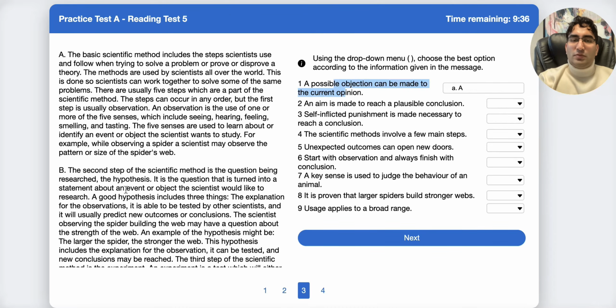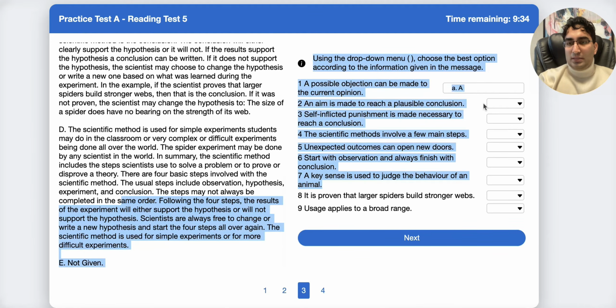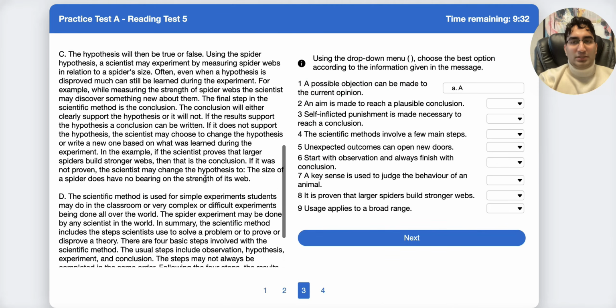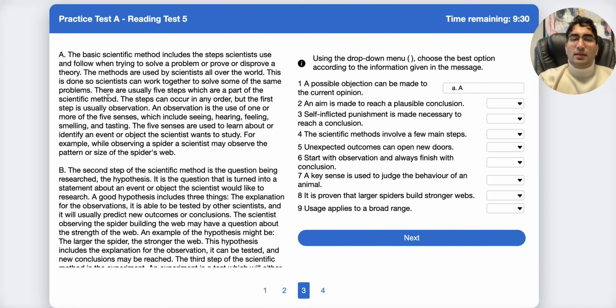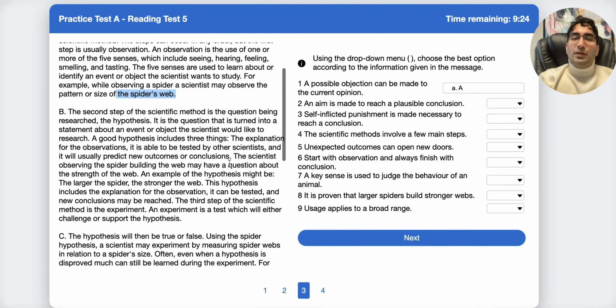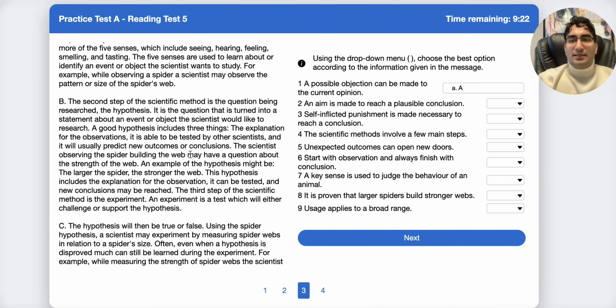But if this information was mentioned in D, I'm going to put D here as the answer, and so on. So this information could be here, could be here, could be here in the paragraph. It doesn't have to be at the start, it could be anywhere. So you really have to read carefully every sentence to get answers to these questions. It's much easier than it looks.